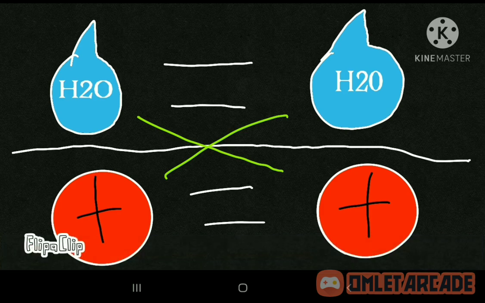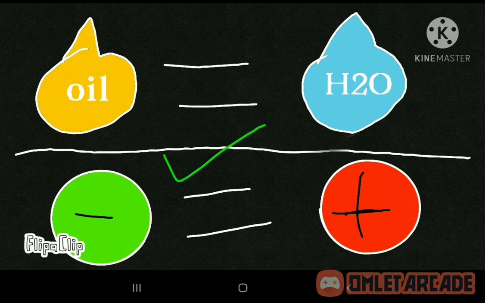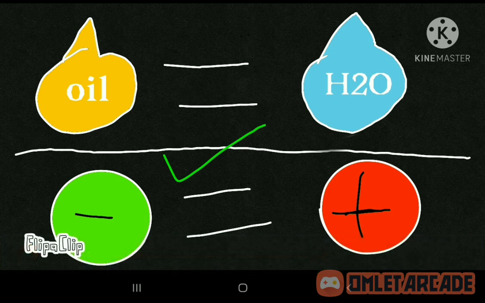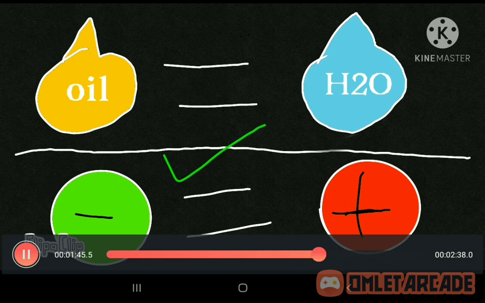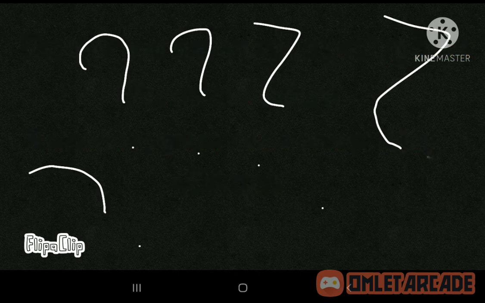Something just happens normally. But when you mix oil with H2O, it will not mix. So this analogy also applies to the electron and the proton: the electron is not mixing with the proton, and instead it's orbiting it. The conclusion is you cannot get anything from the same thing, but you can get something from something different. What does this mean?